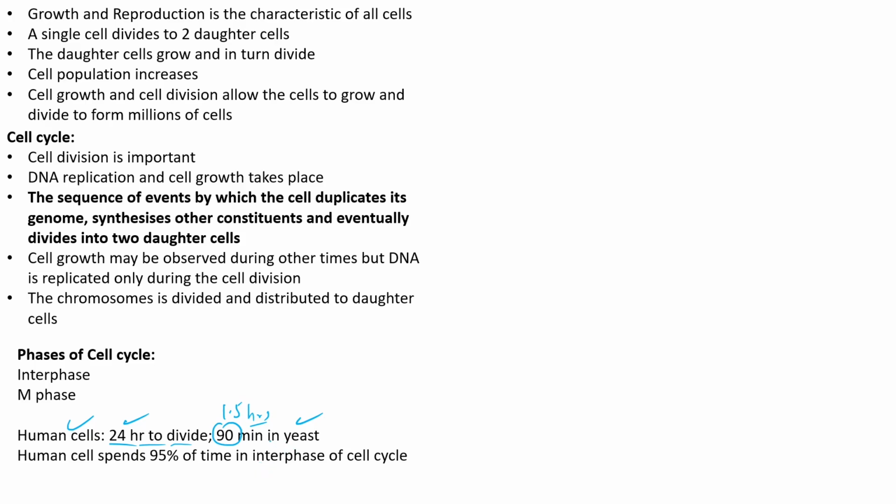Now, out of this 24 hours, you see that the human cell spends around 95% of its time in the interphase of the cell. Definitely, if the cell is spending around 95% of its time in the interphase, it means that interphase is an important phase of the cell cycle.